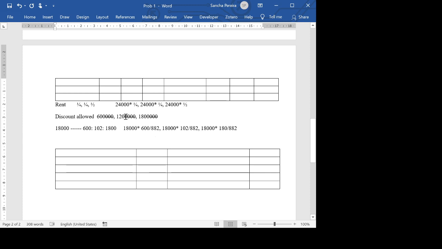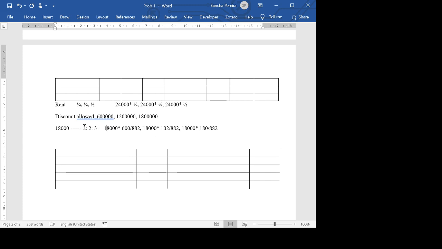Now I think it's quite easy. You can remove all these three zeros. I just complicated it by getting the wrong figures. Now the ratio becomes very easy: 6, 12 and 18. Six ones are 6, six twos are 12, and six threes are 18.